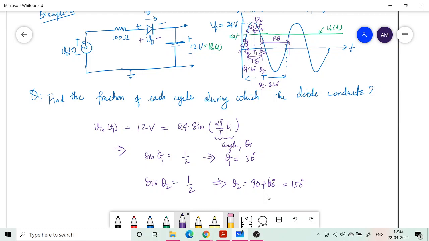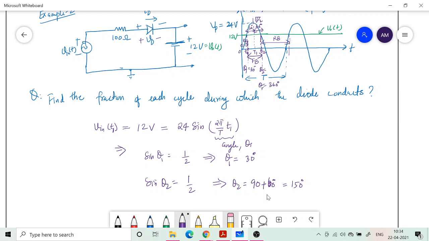First, when theta becomes 30 degree, the input voltage becomes greater than 12 volt. From that angle we found the first occasion is theta 1 equal to 30 degree, where sin theta 1 is half.